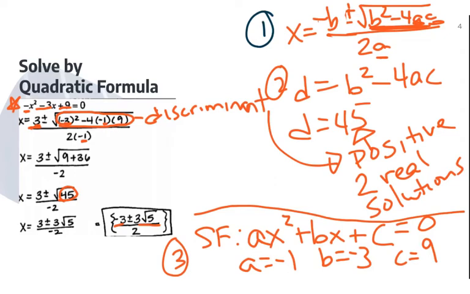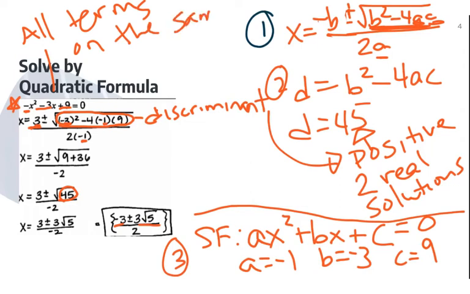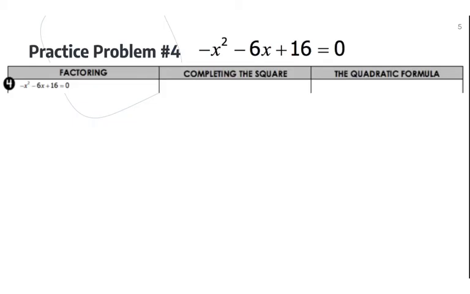So everything has got to be on the same side. All terms on the same side of the equal sign. All right, so now I'm just going to do one problem with you guys.